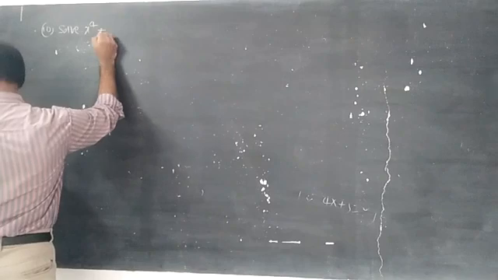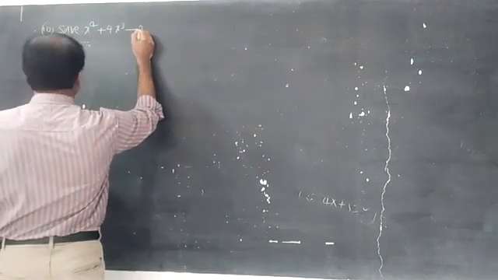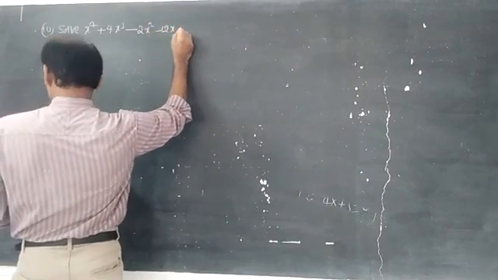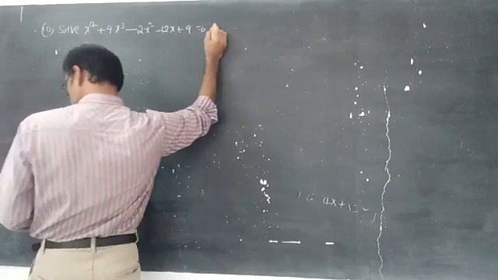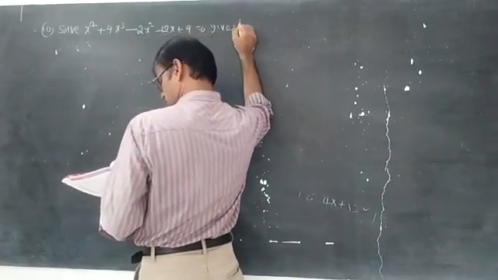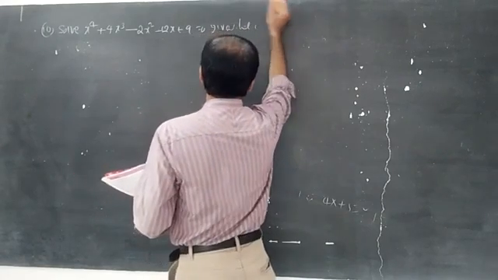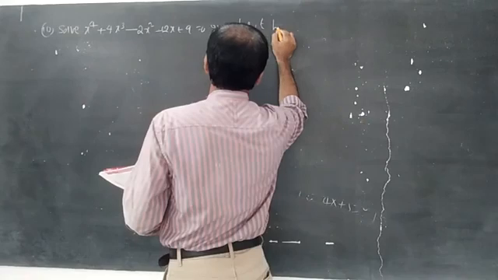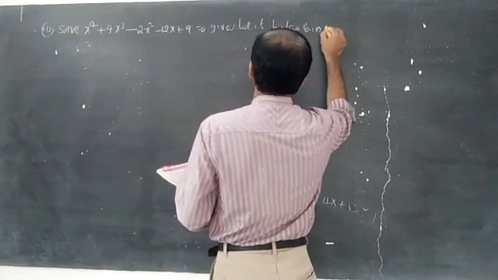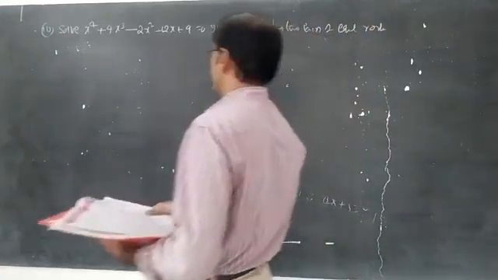Solve x power 4 plus 4x cube minus 2x square minus 12x plus 9 equal to 0. Given that it has 2 pairs of equal roots.